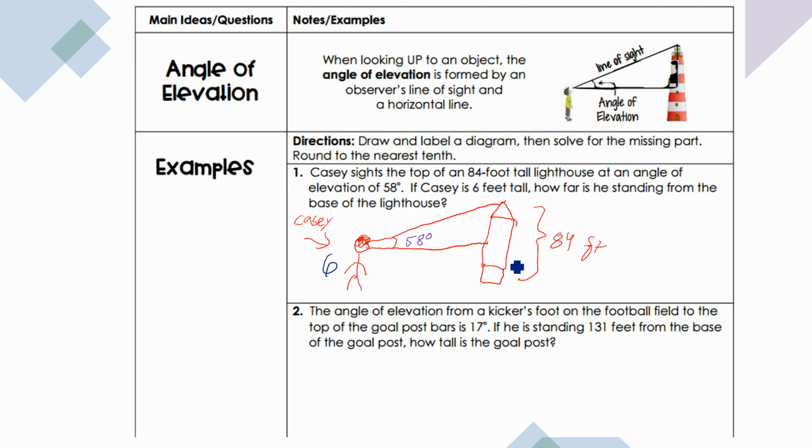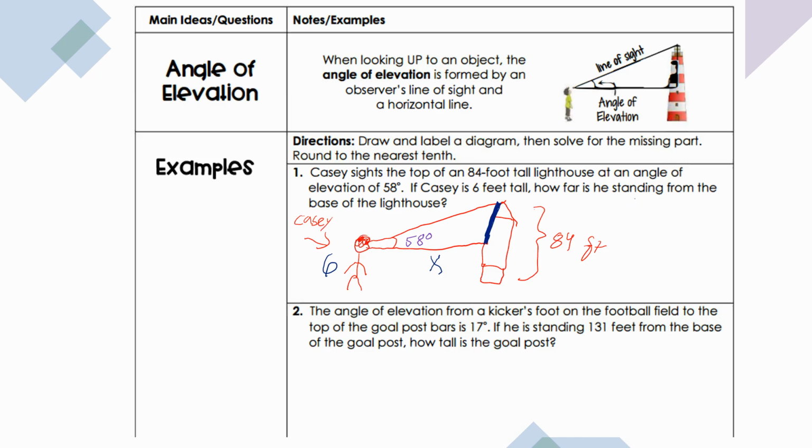So a good amount to dissect here. What it's asking us for essentially is this side of the triangle. That would be how far away he is from the lighthouse. Now, we have enough information to find one of these sides of the triangle, in particular, this side right here. To get this, the lighthouse is 84 feet tall.